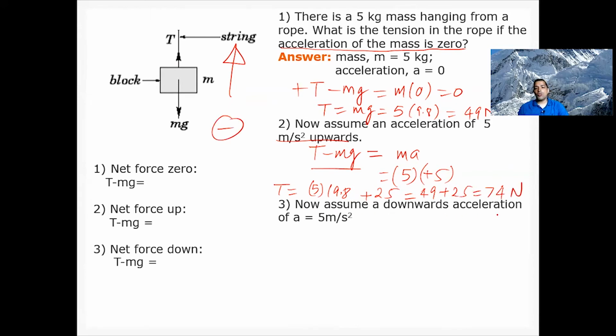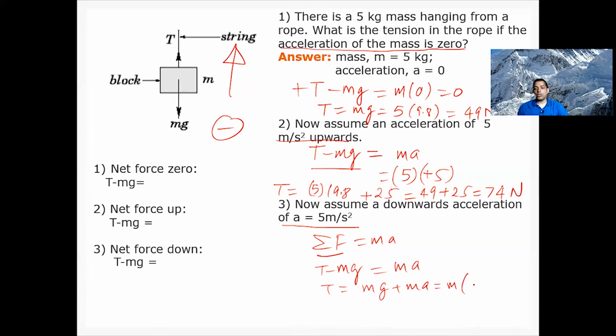Now assume a downward acceleration of a equals 5 meter per second squared. Again, Newton's second law of motion, you have summation F equals ma. What is your net force? Summation F is net force, which is T minus mg, as you know, and equals ma, right? So T equals mg plus ma. What is your m? Actually, m is common, right?